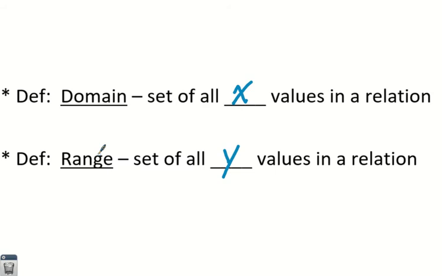But moving on here, it's very rare that a word in math can mean two different things in two different contexts, two different situations. The word range is definitely one of them, but in this situation, the word range means the set of all the y values in the relation.